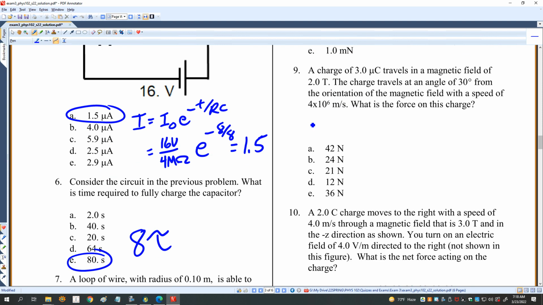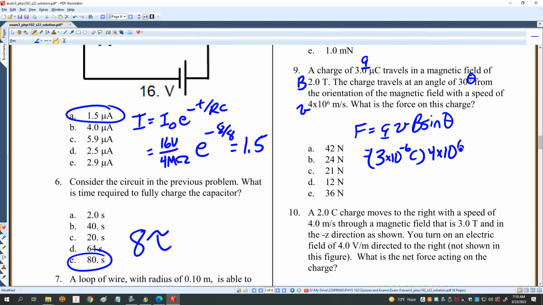A charge of 3 microcoulombs travels in a magnetic field of 2 Tesla. So this is Q, this is B, this is theta, and this is my velocity. What is the force? F is equal to QVB sine theta. That is going to be 3 times 10 to the minus 6 coulombs. V is 4 times 10 to the 6.